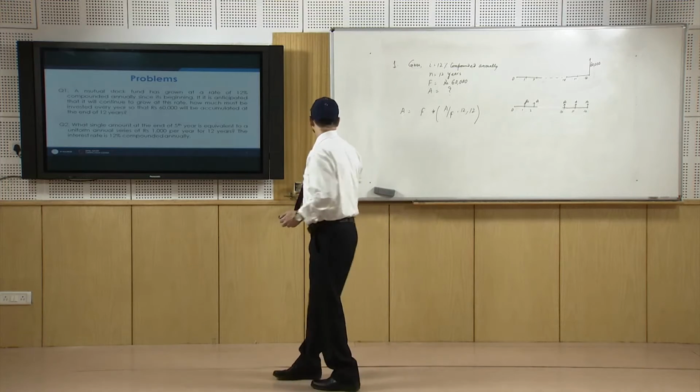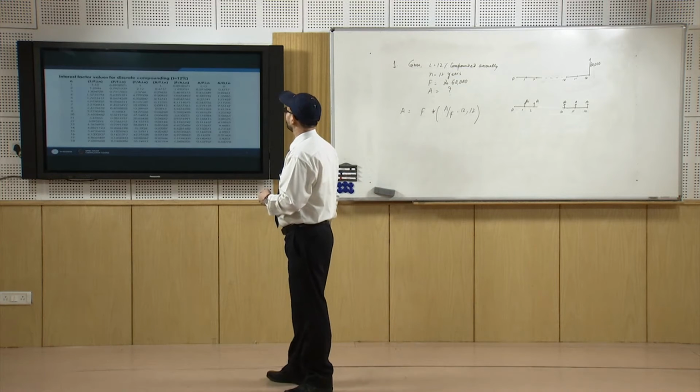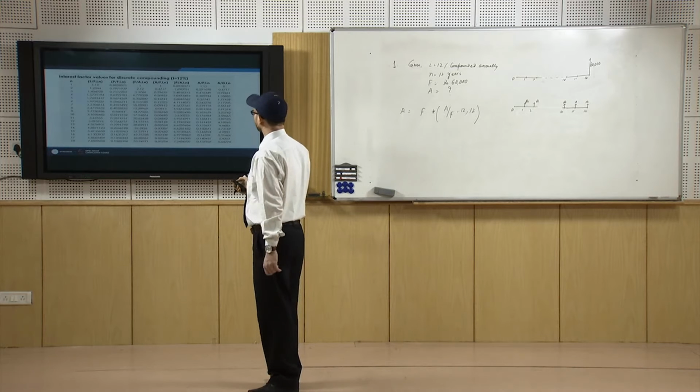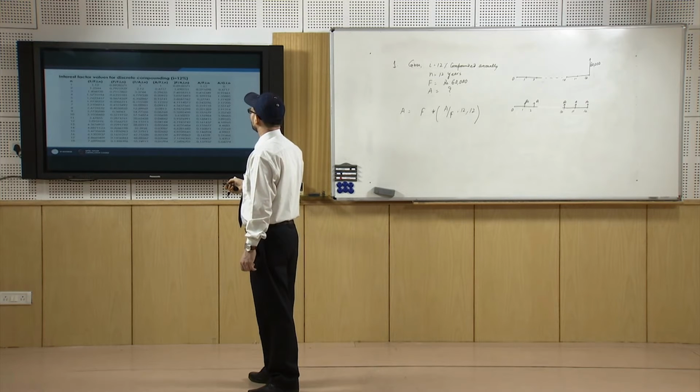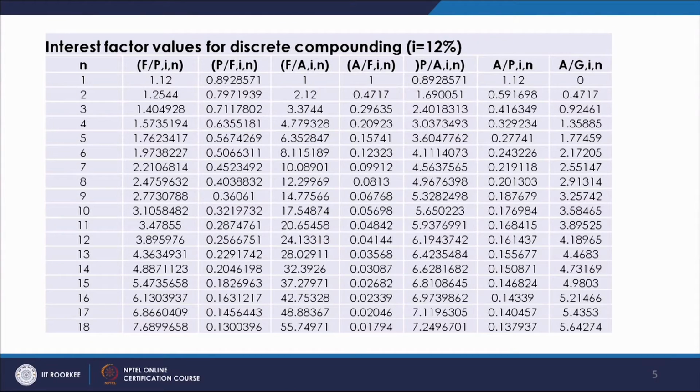And this factor value we can refer from the table, A by F 12 12. This is a 12% table, and for 12% for 12 years the A by F 12 12 is 0.04144.